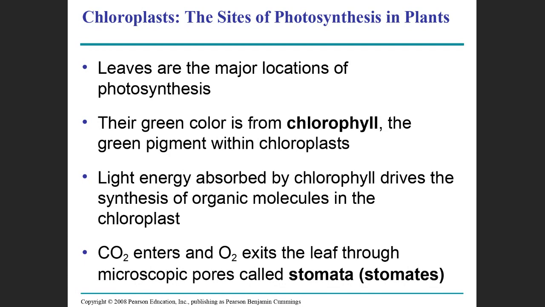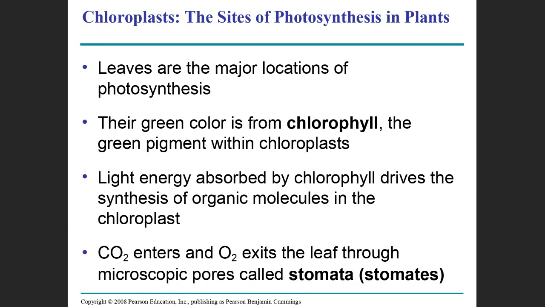So let's just use the word stomate and stomates for the openings on the leaves. Most of the stomates are on the bottom of the leaf, but there are also some on top.